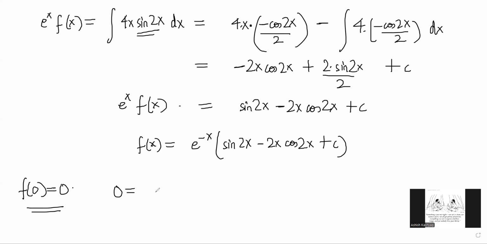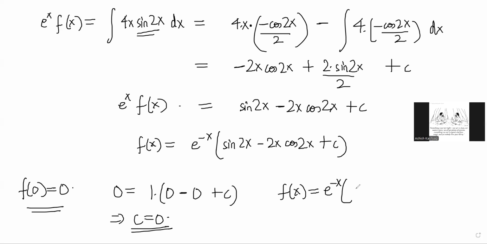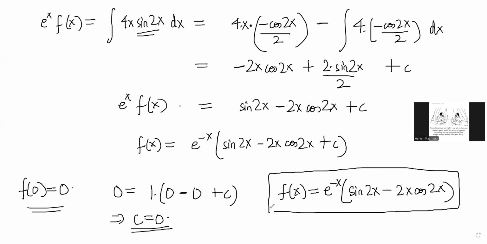You get 0 = 1 times (0 - 0) + c, which implies c is also 0. So we get our full function: f(x) = e^(-x)(sin 2x - 2x cos 2x). Now we have to go about and do the summation that was required.